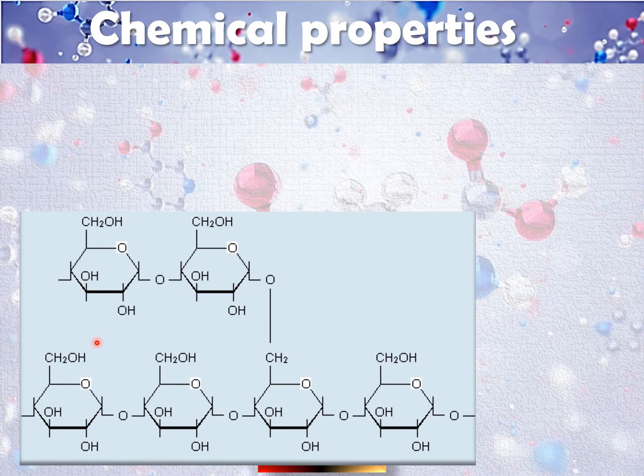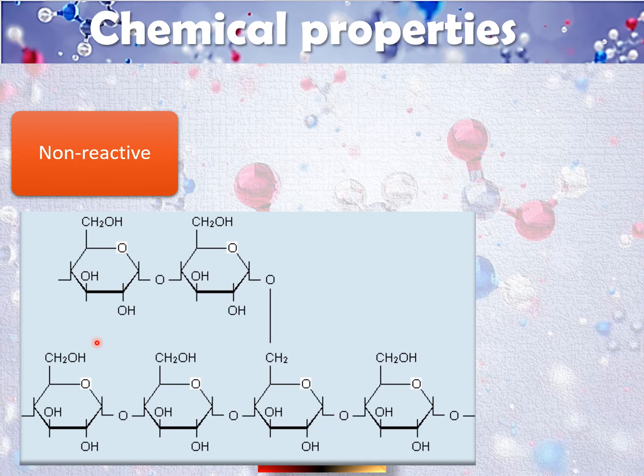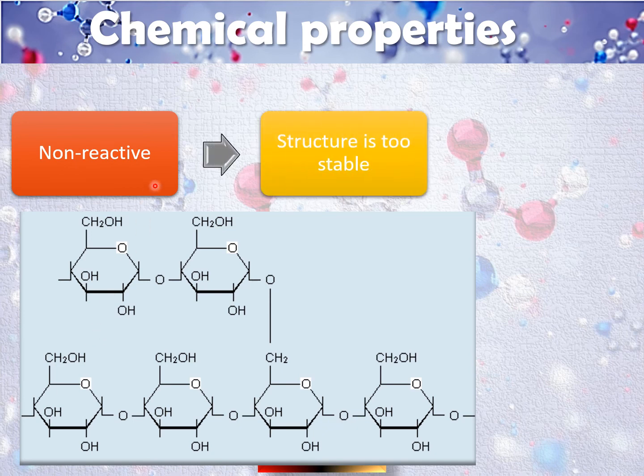Polysaccharides are polar molecules, but they are non-reactive. The reason is because polysaccharides are very stable. Stable molecules cannot do biochemical reactions. For example, this diagram shows us a structure of either amylopectin or glycogen. You can see many hydroxyl groups and even oxygens present.